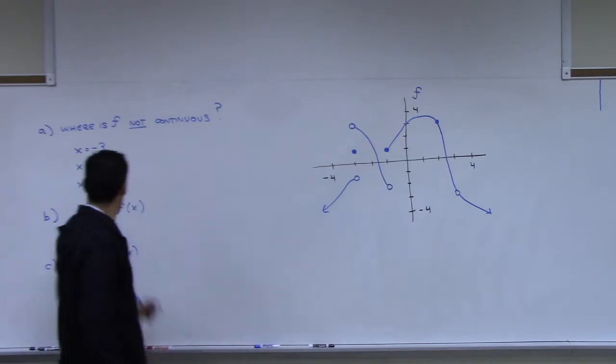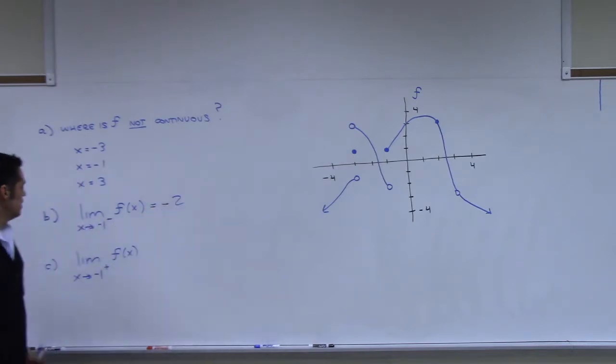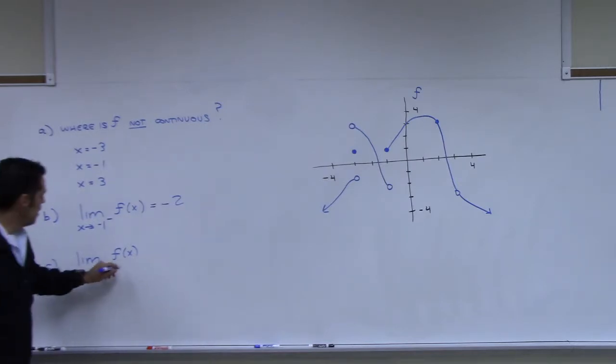That seem about right? Okay, I agree. Everyone agree with that? Okay. How about this one? Where does x approach from right to -1? Okay. 1. Okay, good.